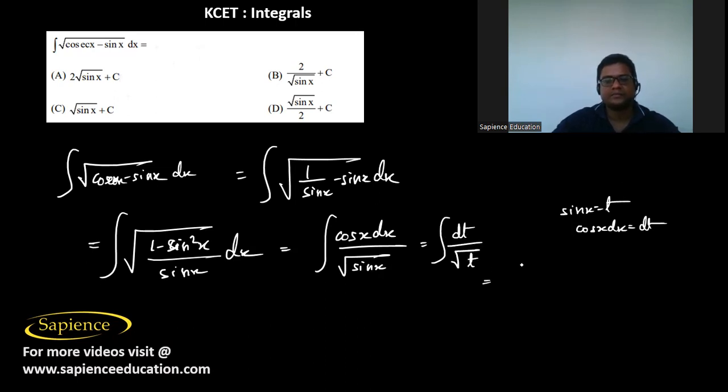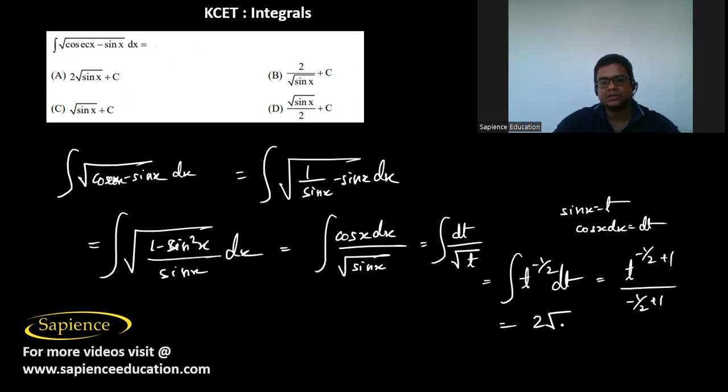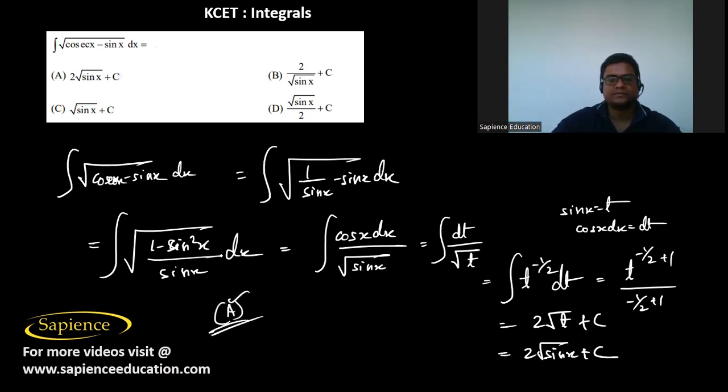So this will be integral t power minus half dt. So this will be t power minus half plus 1 by minus half plus 1. So this will be 2 root t plus c. So t is sin x, so 2 root sin x plus c. So option A is the correct answer.